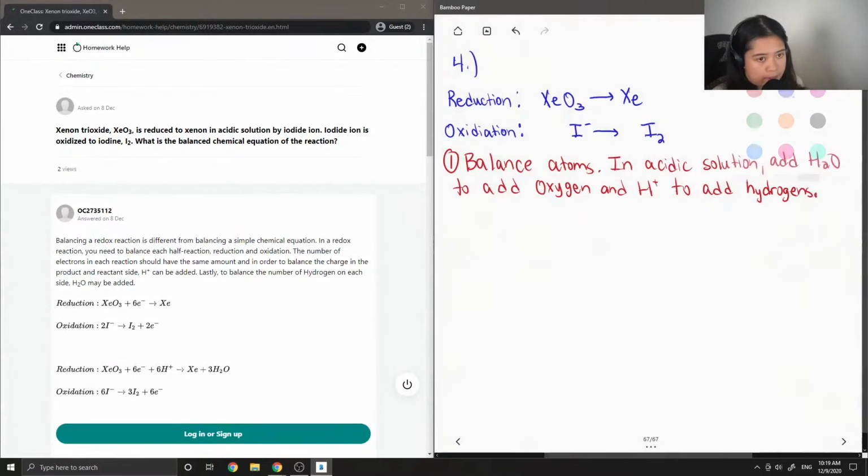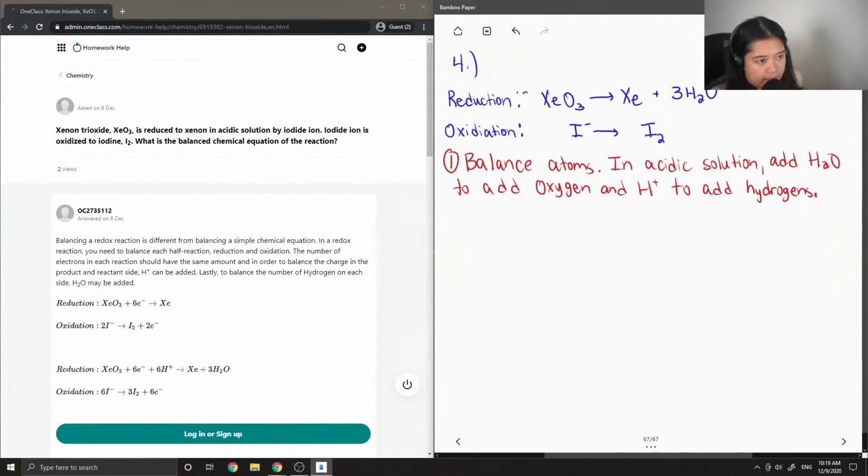Okay, so back to our reduction reaction, there are 3 oxygens in our reactant side. So I need to add 3 waters to balance out the oxygens. And after adding water, you can see that there are now 6 hydrogens on our product side.